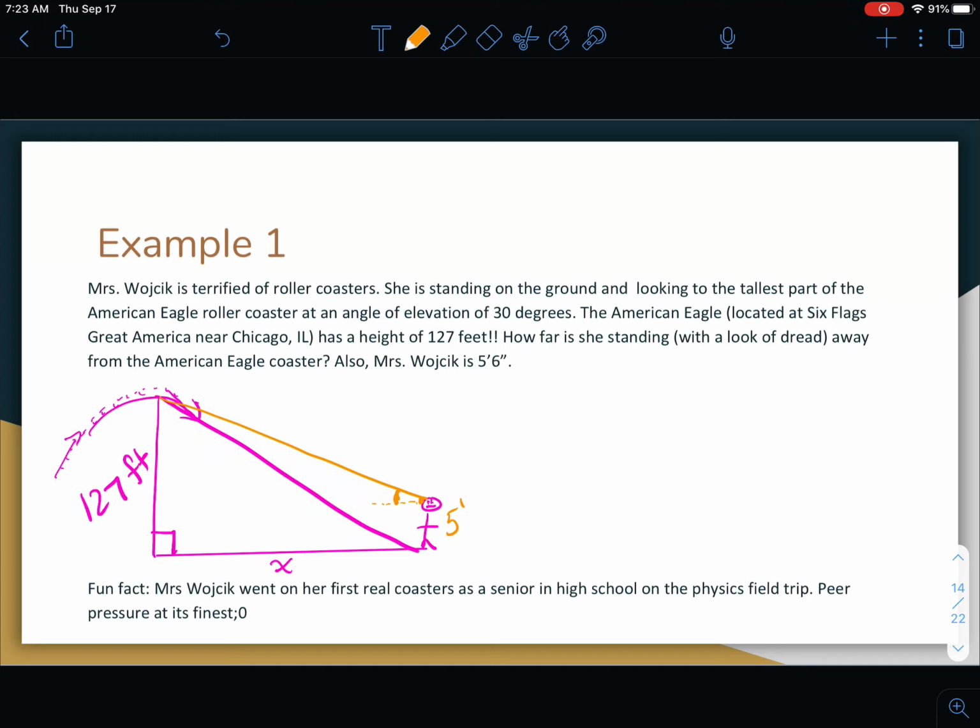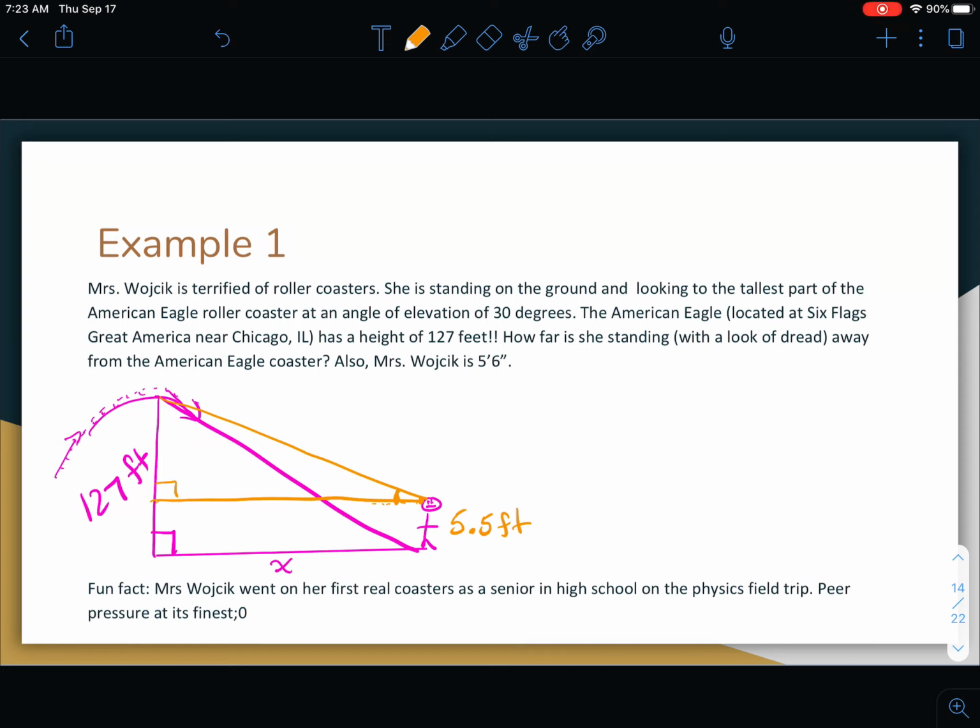There's information here that 5 feet 6 inches is conveniently 5.5 feet. So I'm actually going to write it as 5.5 feet is my height. And we are going to alter this right triangle. This is obviously not to scale, which is totally fine.